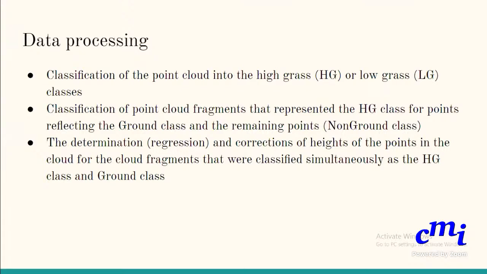All the points which were not in the high grass or ground class were eliminated. Next was the correction of heights of points which were classified as both high grass and ground class. But this was an optional step.